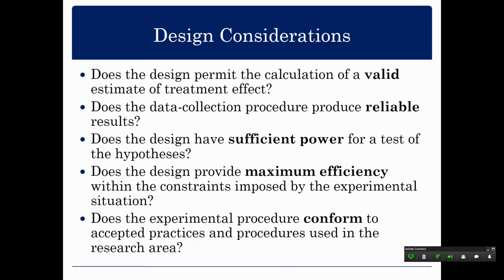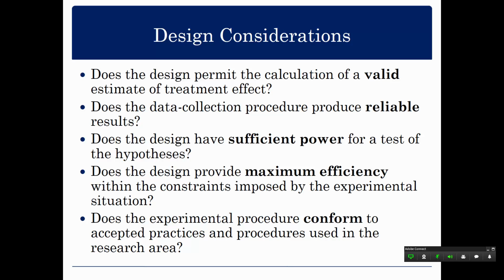Is the study powered? We'll talk about power next week. But in other words, is it big enough to really find the signal in the noise? Does it provide maximum efficiency within the research constraints? Maximum efficiency means that they used enough study subjects to answer the question.